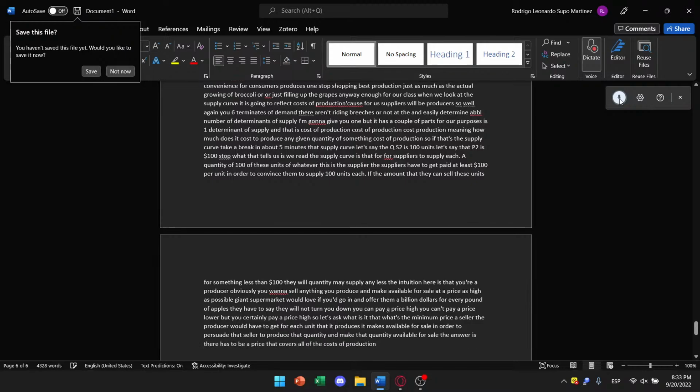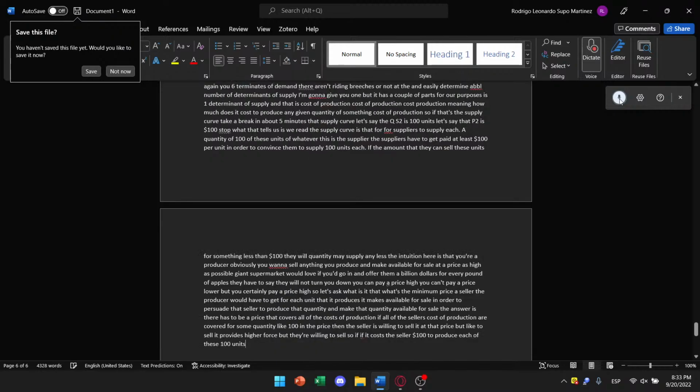If all of the seller's costs of production are covered for some quantity, like 100, in the price, then the seller is willing to sell it at that price. They'd like to sell it for a higher price, of course, but they're willing to sell. So if it costs this seller $100 to produce each of these 100 units, the seller is willing to sell each of these 100 units at a price of $100 apiece.